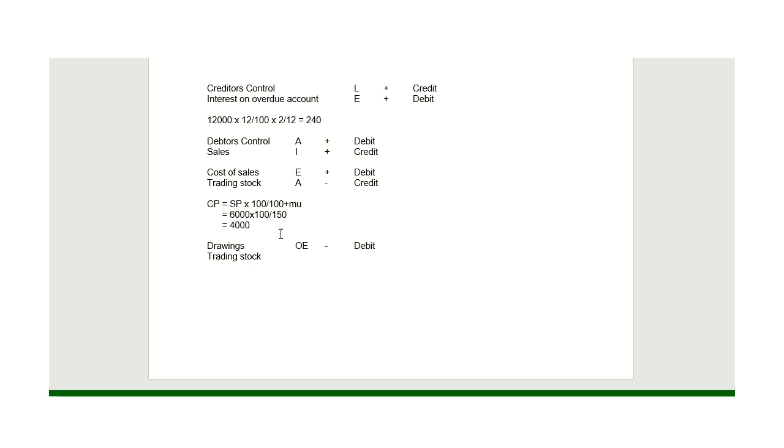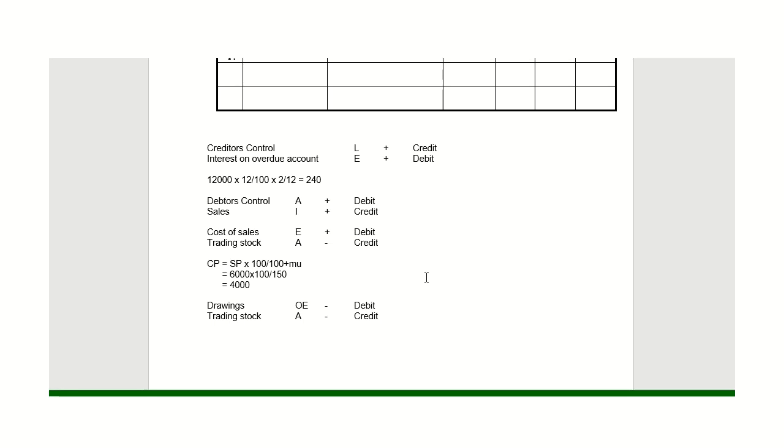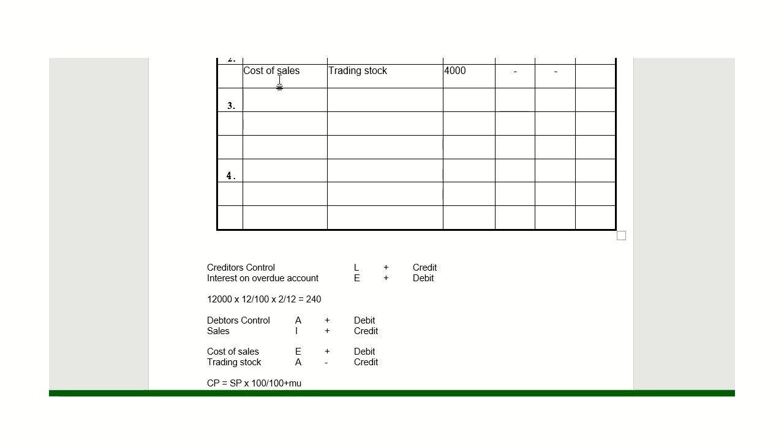He took some of the stock, so we'll have less stock left. What side do we make an asset less? On the credit side. So we're going to debit drawings and credit trading stock.